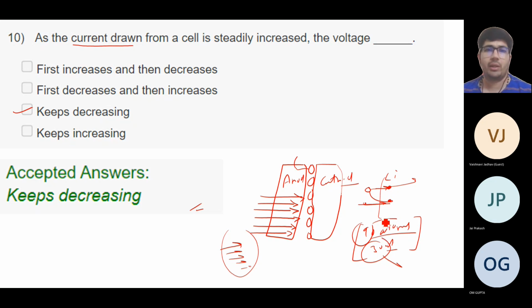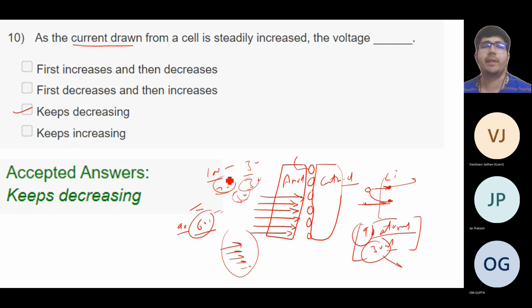So you have supplied 90 atoms, only 30 take part, which means only 30% efficiency. If the total is 100 and 30 takes part, 70 does not, so only 30% efficiency. Think in that perspective.